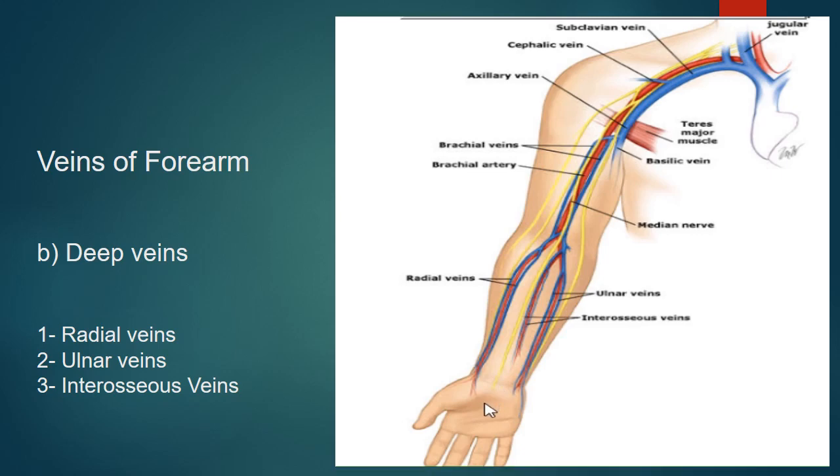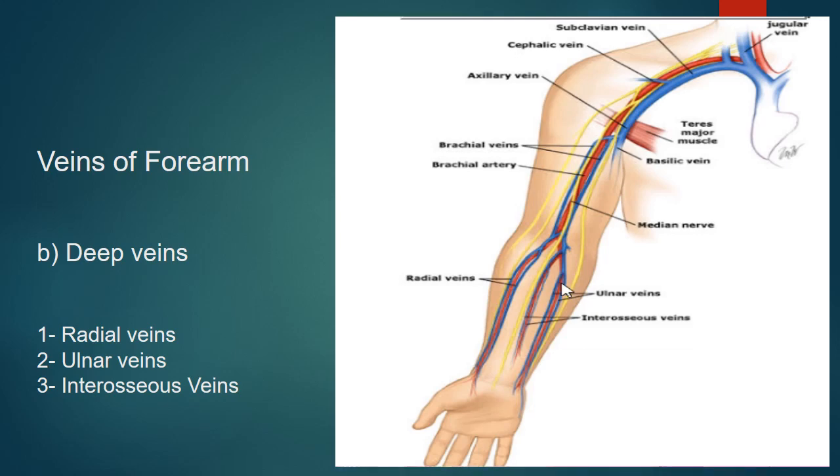From the lateral side of this arch, paired radial veins arise, these ones, and accompany the radial artery. From the medial side of the palmar venous arch, there arise the two ulnar veins which accompany the ulnar arteries.